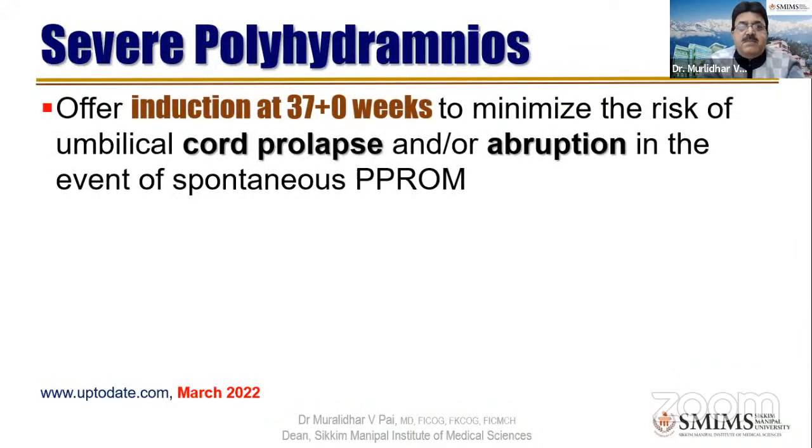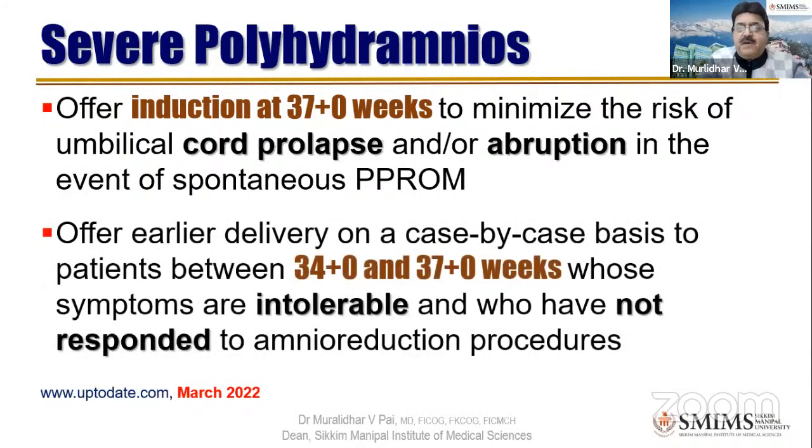Severe polyhydramnios, of course, you have to offer induction at 37 weeks to minimize the risk of umbilical cord prolapse and or abruption in the event of spontaneous PPROM. Offer earlier delivery on a case-to-case basis in patients between 34 and 37 weeks whose symptoms are intolerable and who have not responded to amnioreduction procedures.